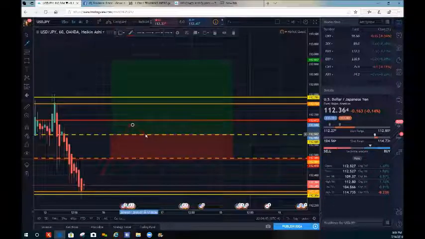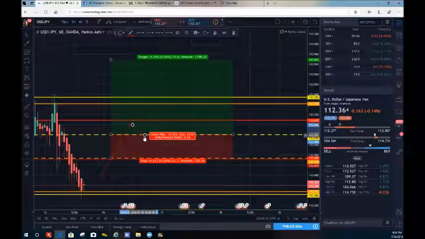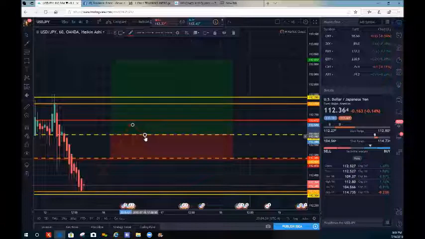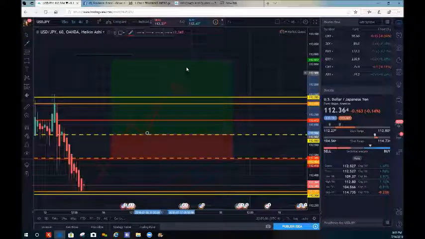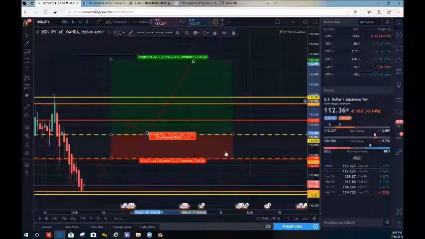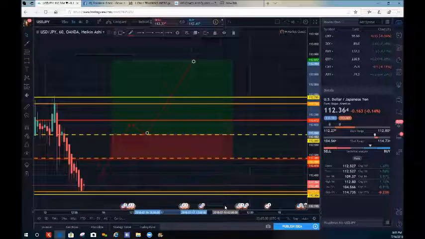Then I want to see those 3 consecutive candlesticks, and after that I want to see it come back and retest my entry, and then we are in it for the long haul. We're in it for the next 37 pips to take profit. You get it?